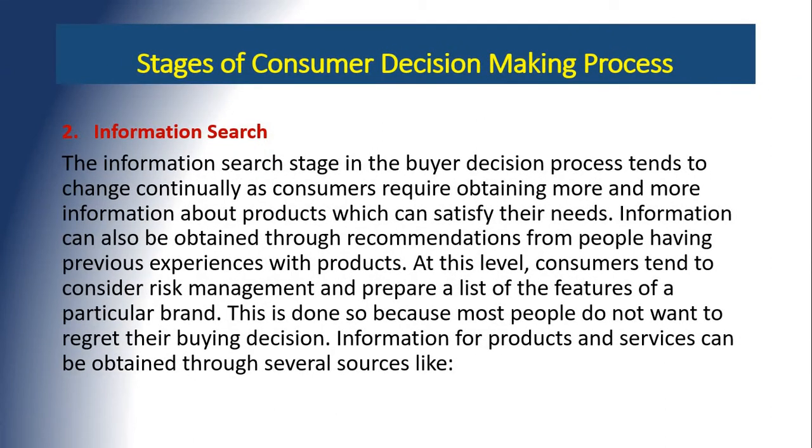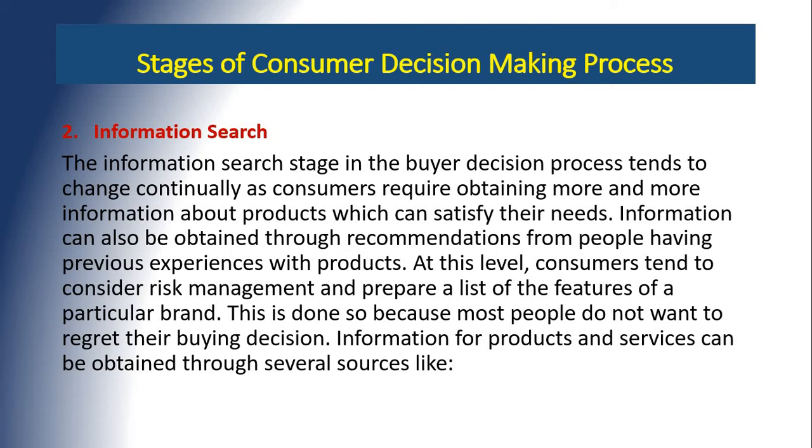All right, the next step is information search. In this stage, consumers continuously search for information about the product or brand that they want to buy. They search in order to find the best possible brand and product which can satisfy their needs.